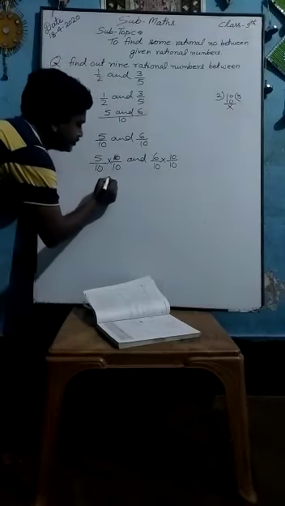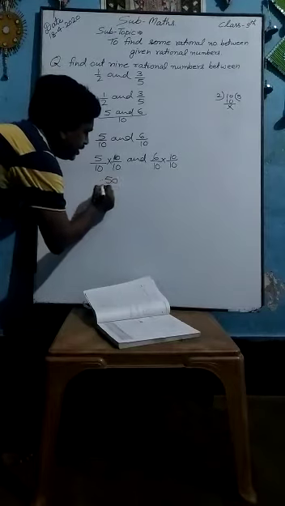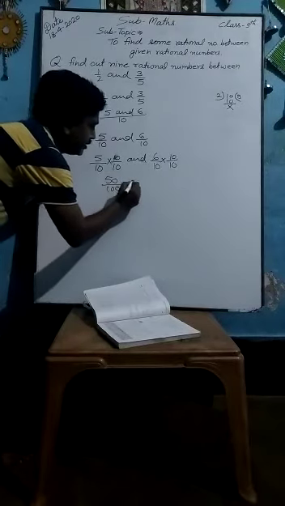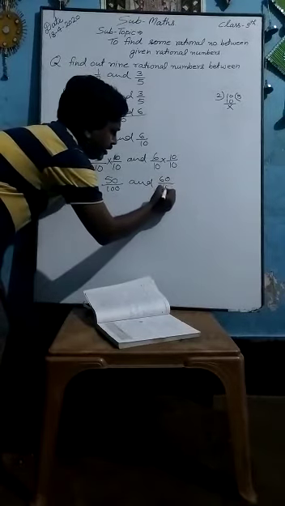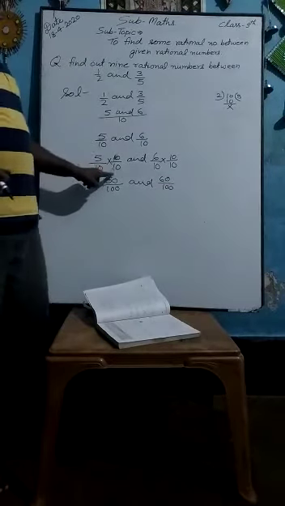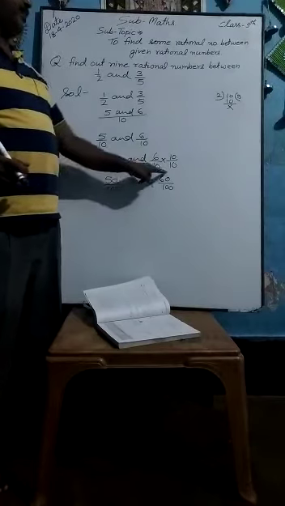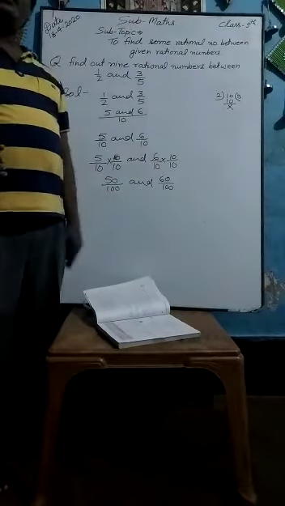You will get 50/100 and 60/100. Now you can write 9 rational numbers between 50 and 60.